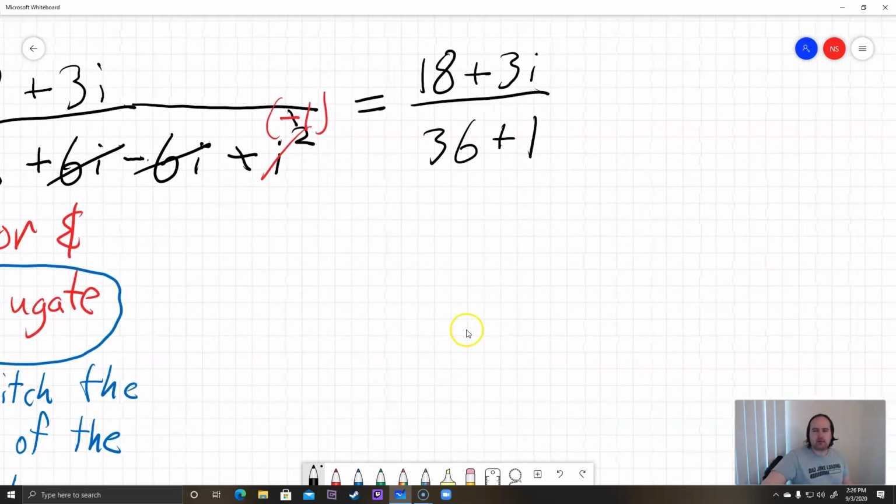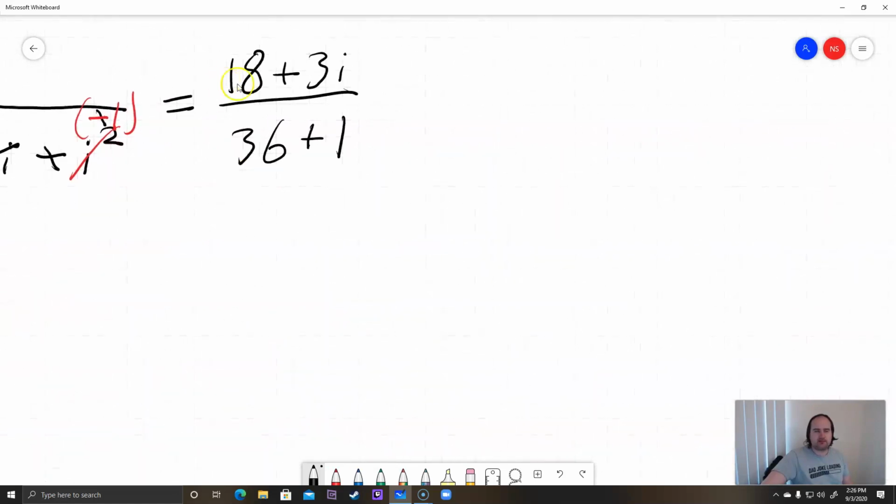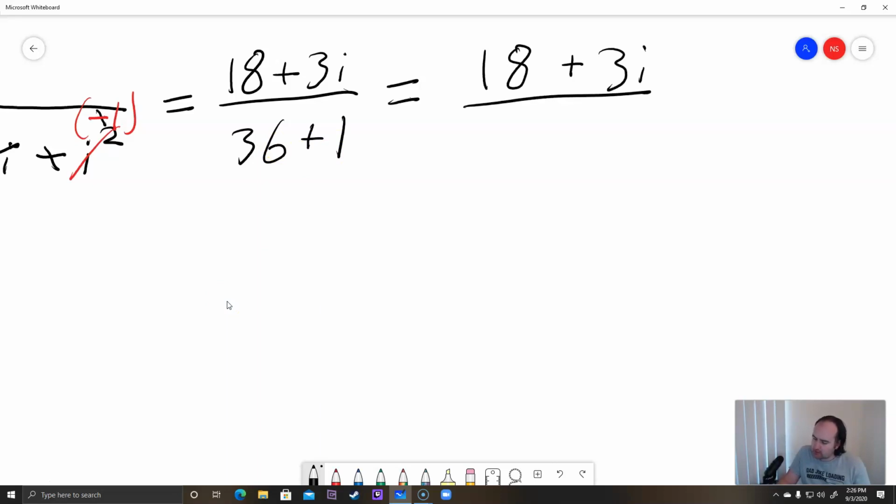We can't really simplify the top, but we can simplify the bottom. 36 plus 1 is 37. So we get 18 plus 3i all over 37.